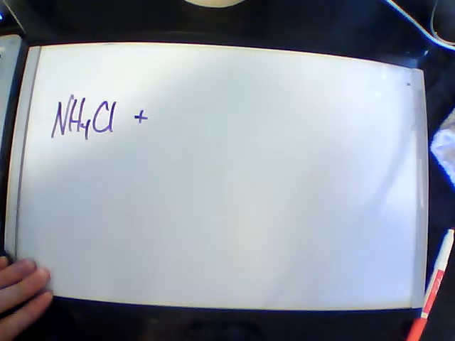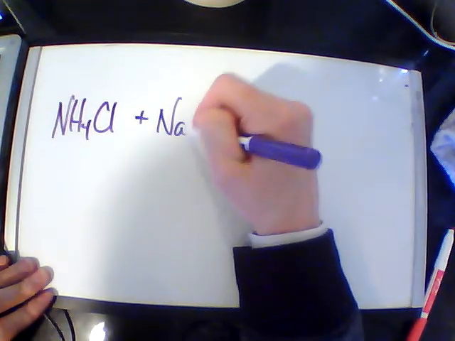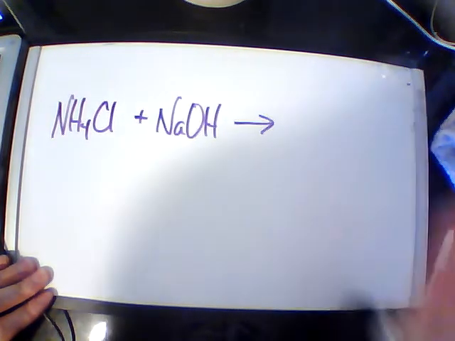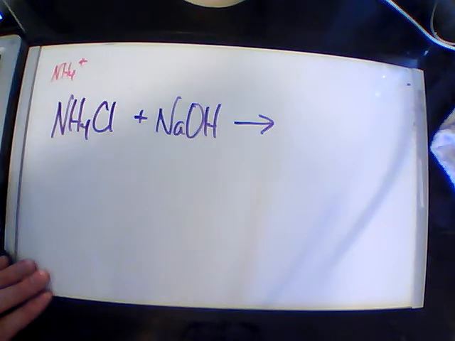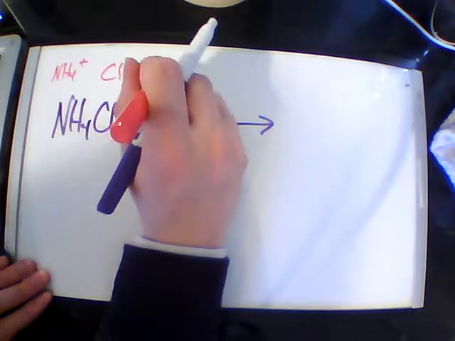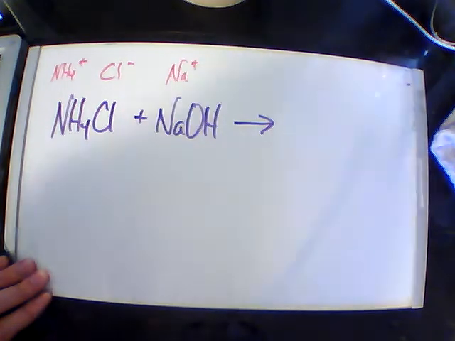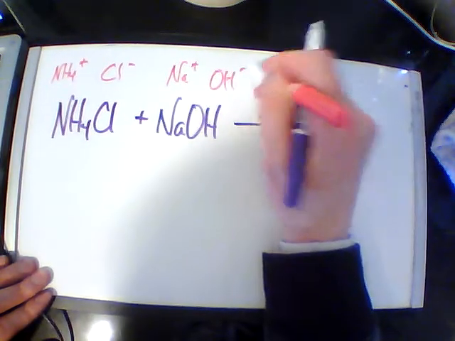Number 4, I have NH4Cl plus NaOH. It's helpful to figure out what our ions are. So NH4+ is our ammonium cation, Cl-, the chloride anion. And then I've got Na+ because it's in group 1, and I've got OH-, hydroxide.